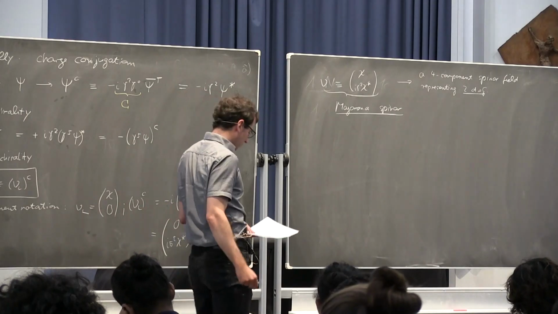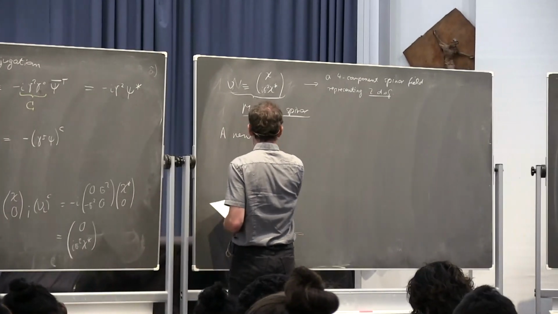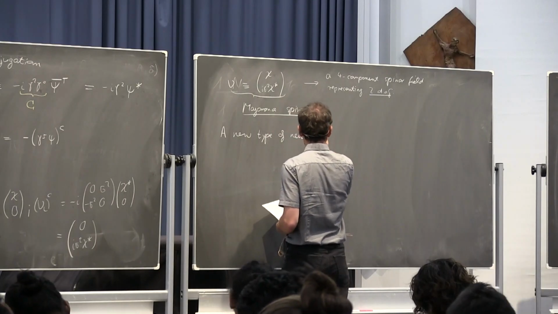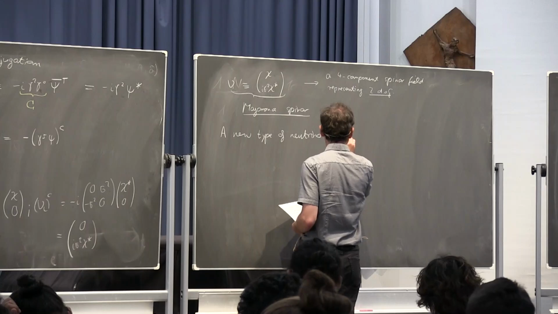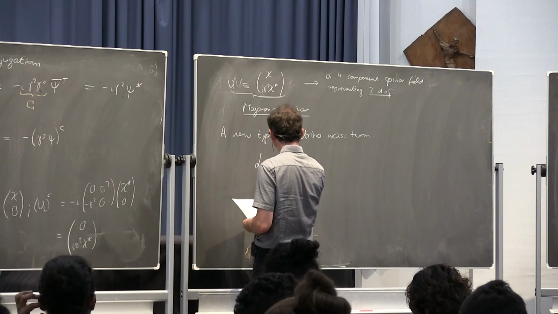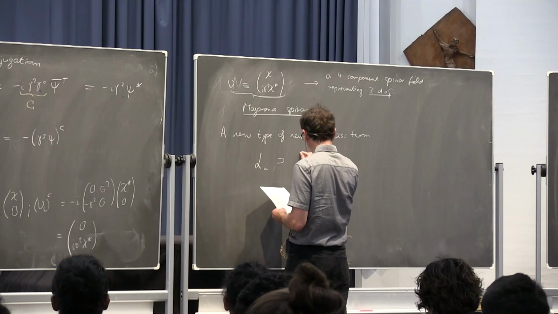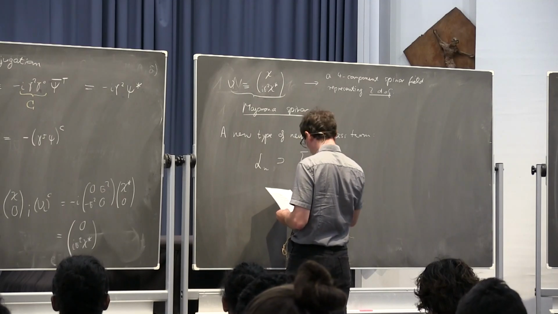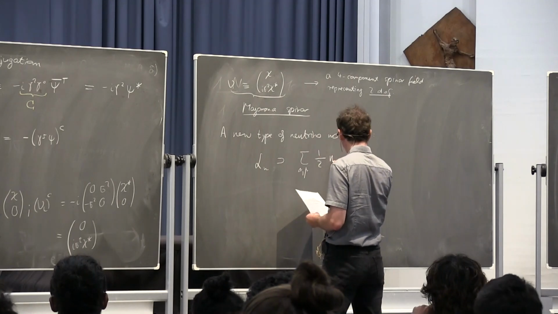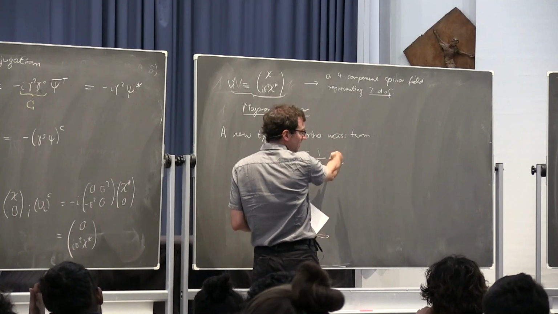Okay, now coming back to the neutrinos, let's turn this into a neutrino mass term. So we can write down a new type of neutrino mass term in the following way. We have again a sum over flavors alpha and beta. I need a factor of 1/2 for proper normalization, which one can see by deriving the propagator from this mass term.